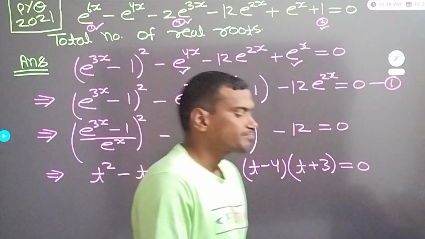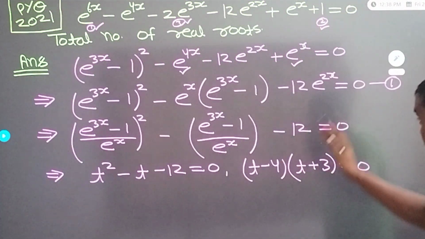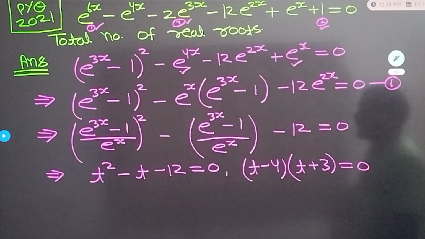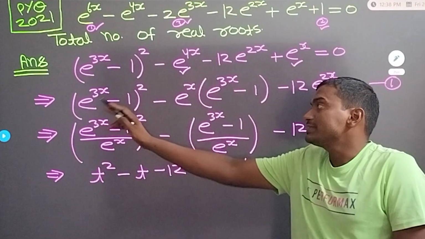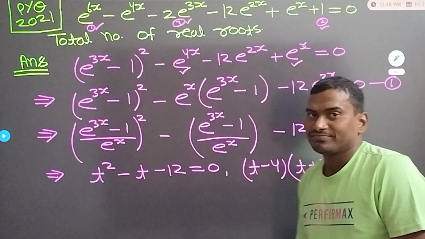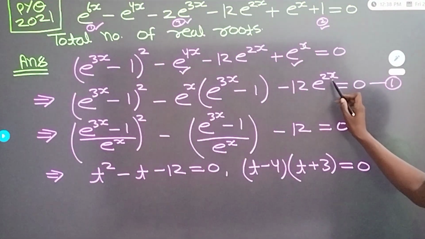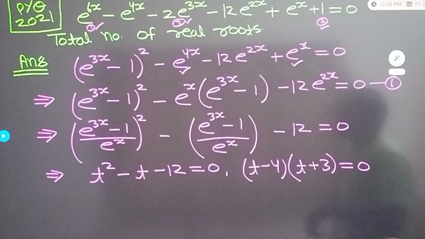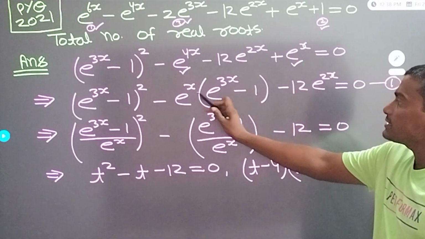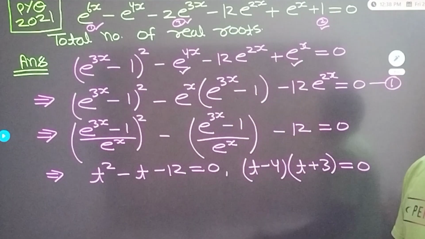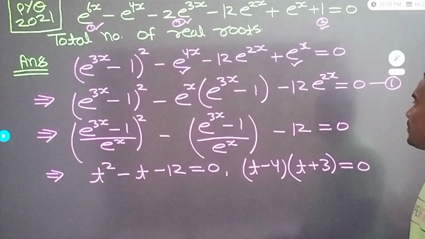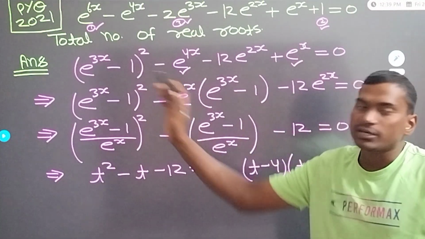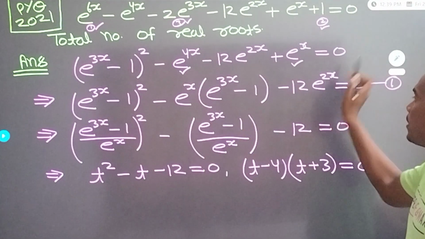See, this is the equation formed, and the first term is e power 3x minus 1 the whole square. The last term is e power x the whole square, and here you can see e power x and e power 3x minus 1 both. So what we are doing is dividing the whole equation number 1 by e power 2x.